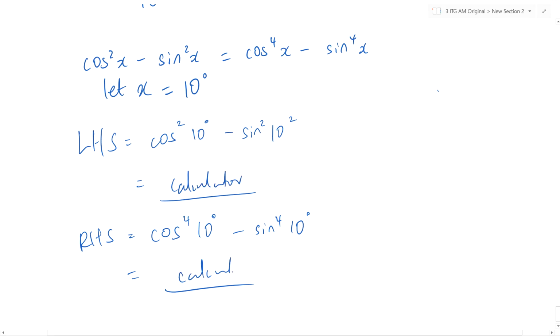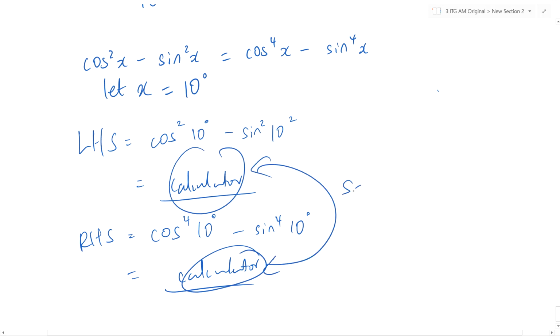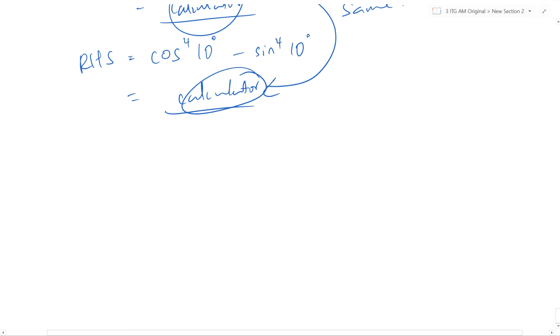Mr. Moore, is it because it only applies to a certain case? Same. Whether you use 10 degrees, 5 degrees, whatever degree is the same. That is why it is called an identity. Some other things that you will learn will be, for example, a plus b squared.